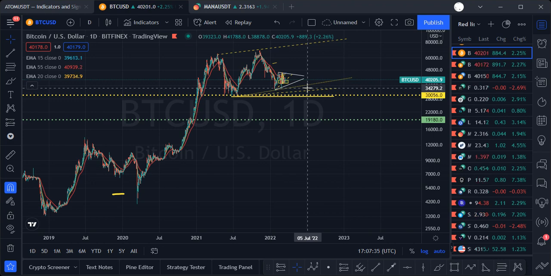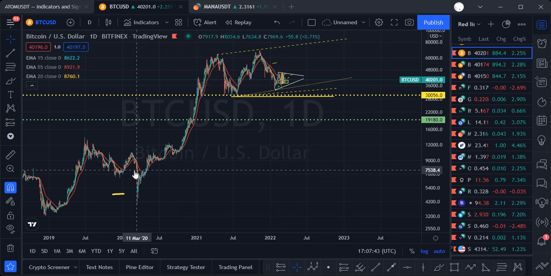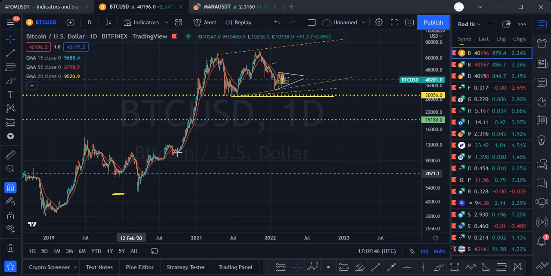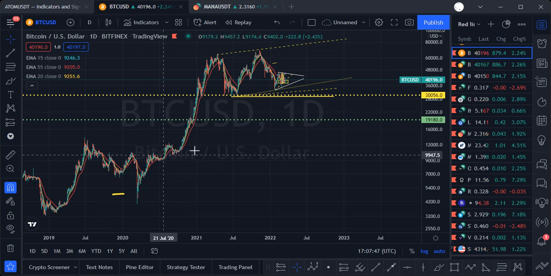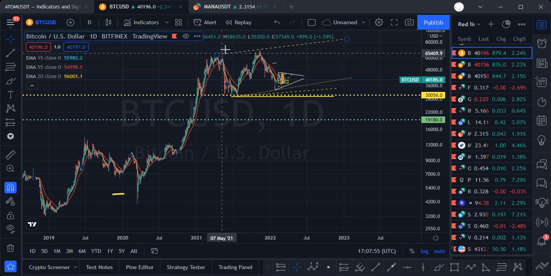If it breaks out to the upside over the coming year, which is how long that would take, it might do that. But people are uncertain because of all those downward pressures caused by factors from outside of the Bitcoin market. Less money to spend on risky assets. That's literally what it is.